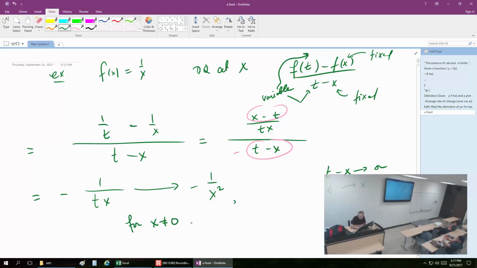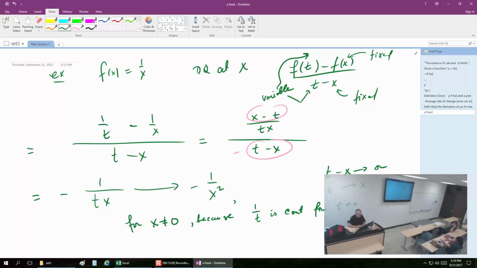So x is not equal to 0, because 1 over t is continuous for t not equal to 0. So once again, why does the substitution work? Because the function involved is continuous, and we stay away from 0.